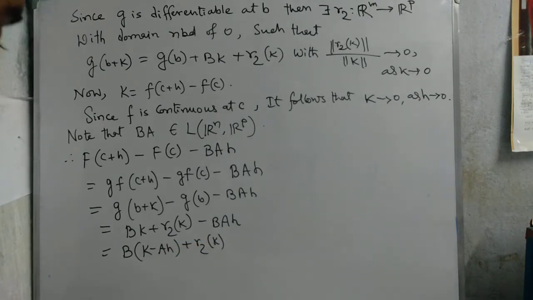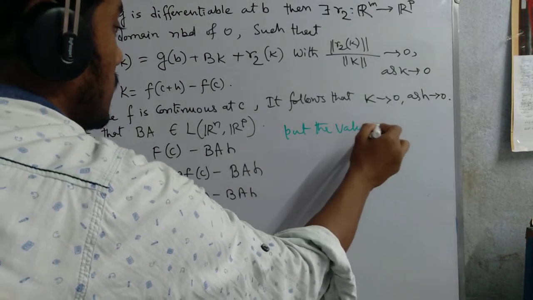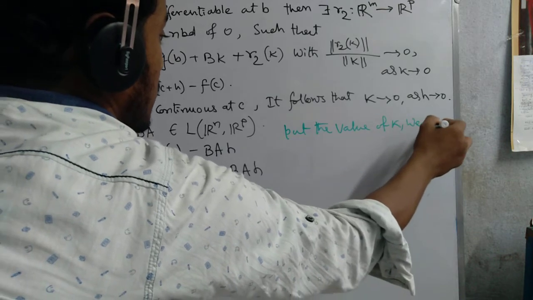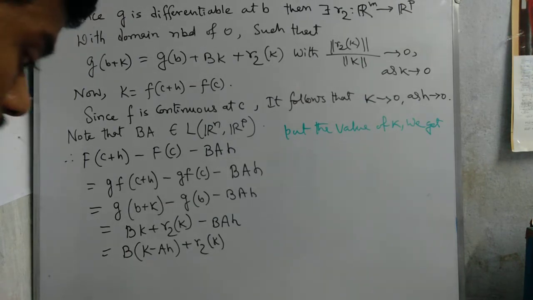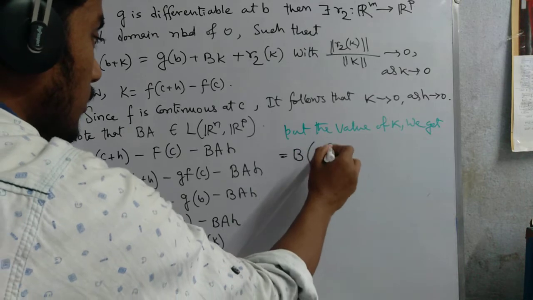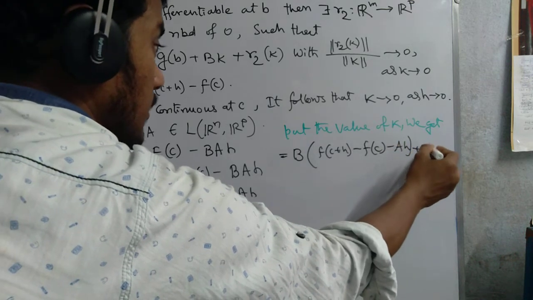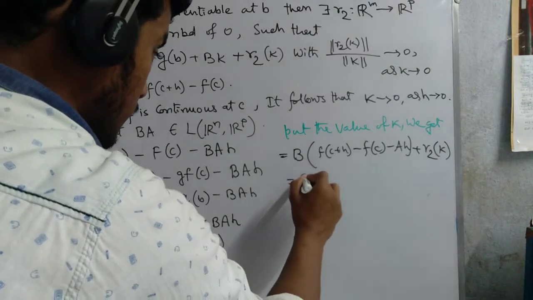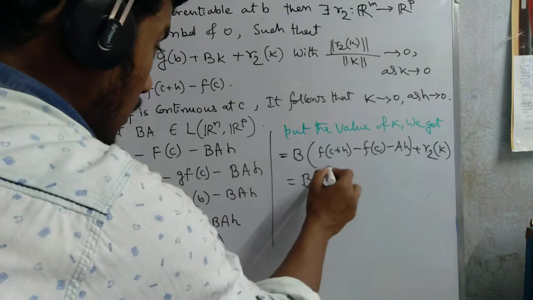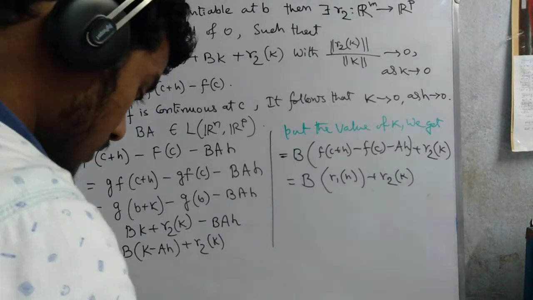Now we put the value of k, and we get B multiplied by f(c+h) minus f(c) minus Ah, plus R2(k). Then this equals B(R1(h)) plus R2(k).